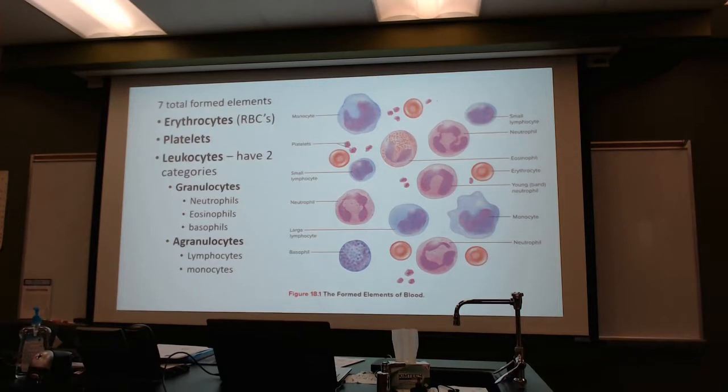That means there could be something wrong with the red blood cell count. There can be something wrong with the white blood cell count. There can be something wrong with the platelet count. And that results in physical problems. In other words, it's clinically significant. All right?